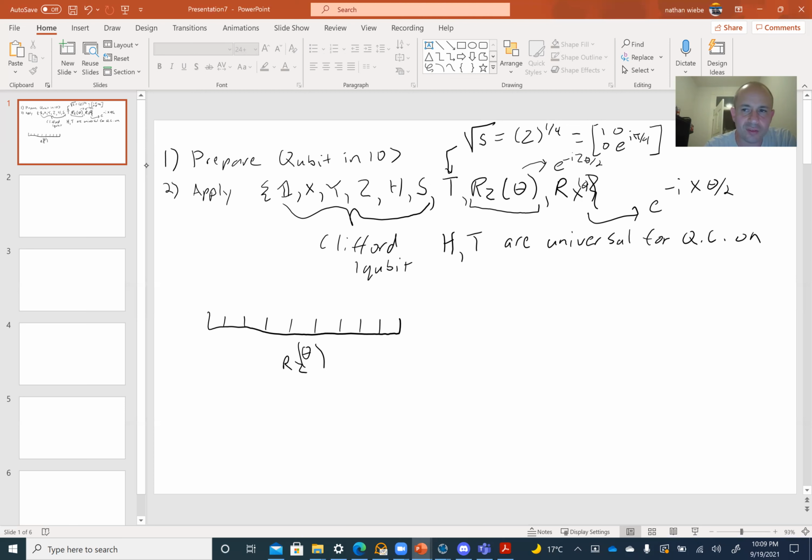A simple example of an error that we could consider would be, instead of doing RZ of theta, we could consider doing RZ of theta plus epsilon. So ideally, we'd like to apply this rotation. Instead, what we could end up doing is applying that rotation just a little bit away, epsilon far away from the target that we want.